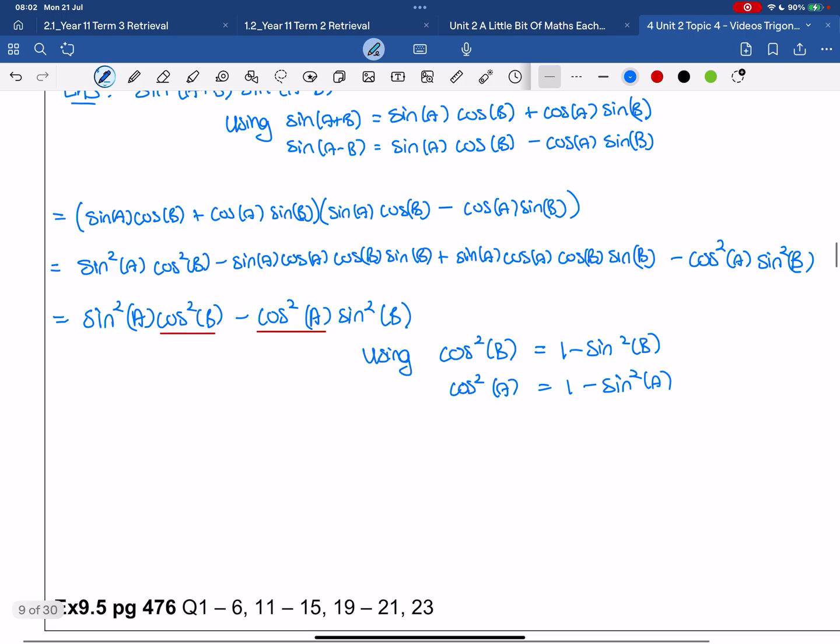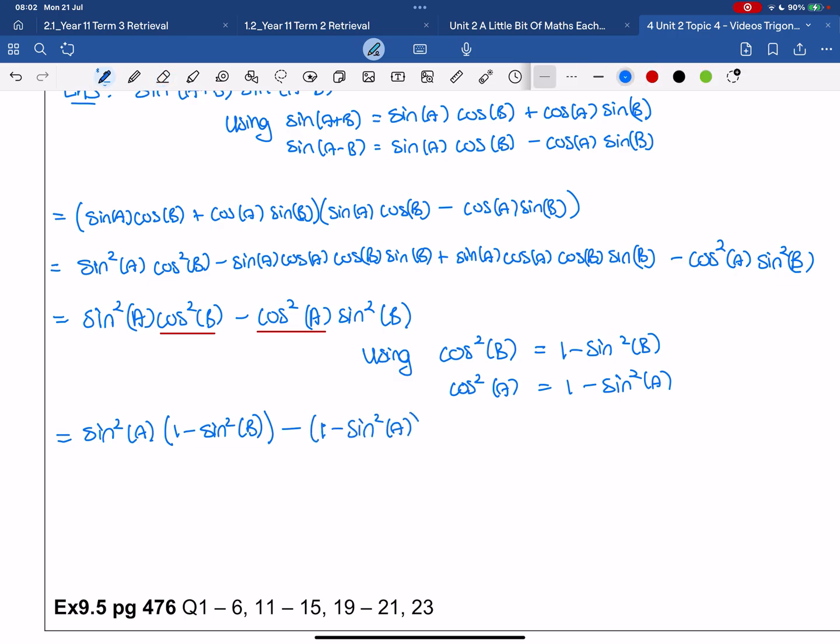So I can then say sine squared of a times 1 minus sine squared of b, minus 1 minus sine squared of a times sine squared of b.